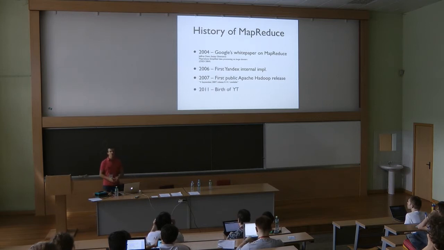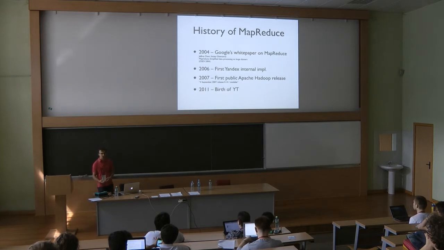And the YT project started in 2011 and was dedicated to solving some of the scalability and design problems which became obvious during the operation of the current internal implementation.